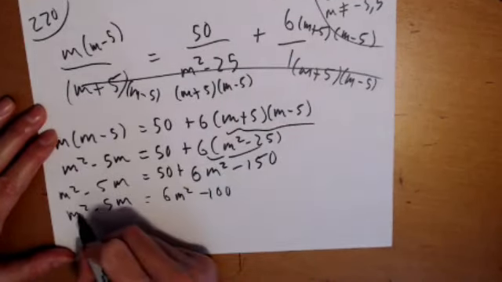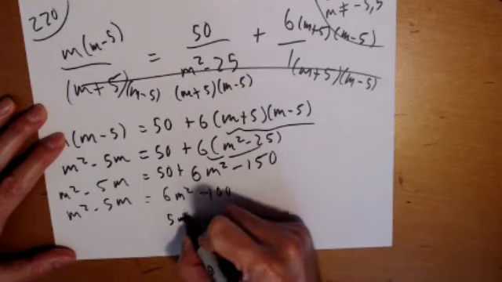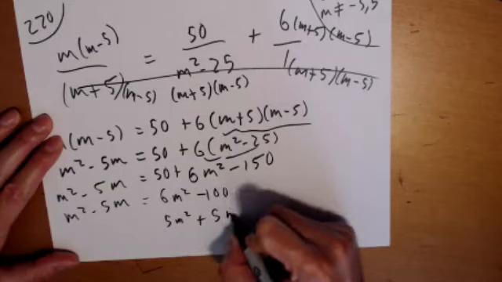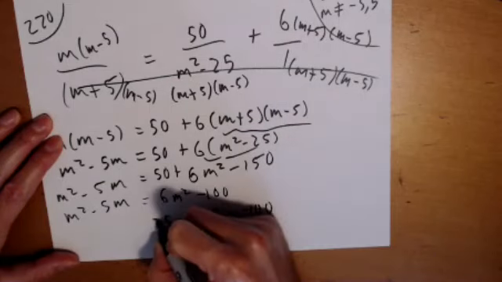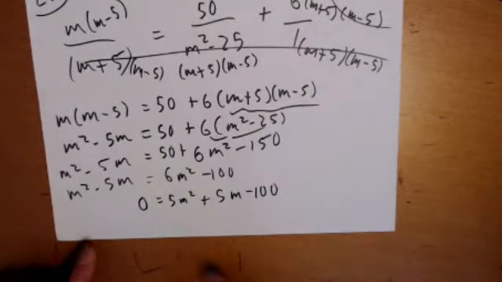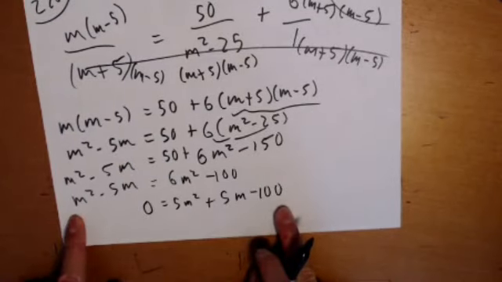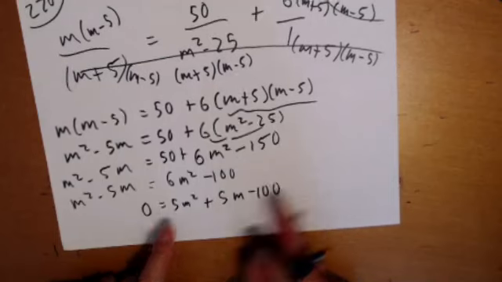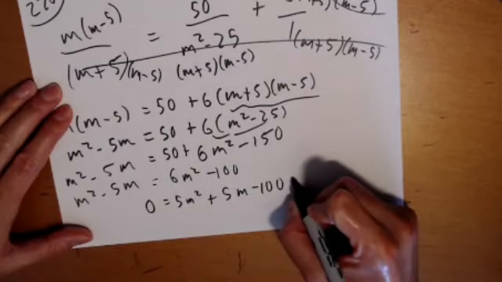Okay, so if I bring this m squared over, that's going to be 5m squared. And then add 5m to both sides, and the minus 100 equals 0. So I just brought everything to the right side instead of the left. Same thing, right? And then if you like things on the left, you see how it's equal to 0? Well, couldn't I just say this is equal to 0?